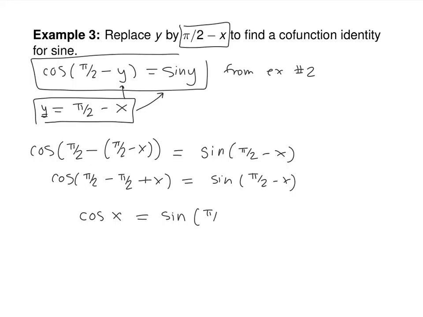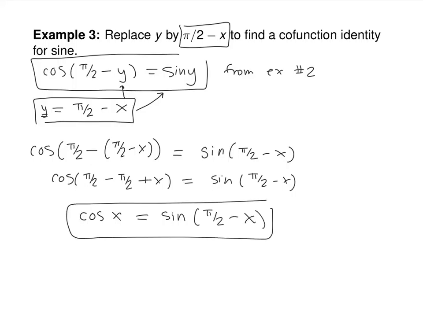Do you see that we've kind of changed which function has the pi over 2 minus x inside of it? With the first one, we had the pi over 2 minus stuff inside the cosine. This one, we had the pi over 2 minus stuff inside the sine. And the thing that we're using here is that when something is an identity, it works as long as this thing matches that thing, even if the matching thing is some weird expression.